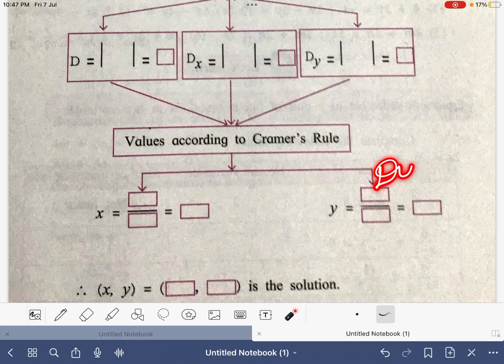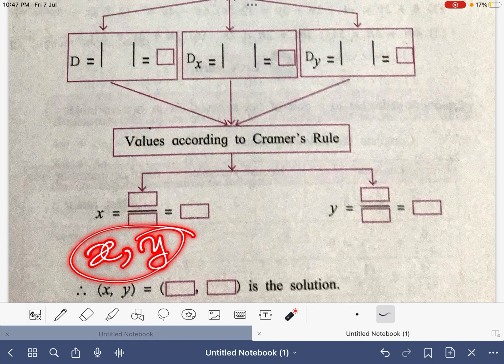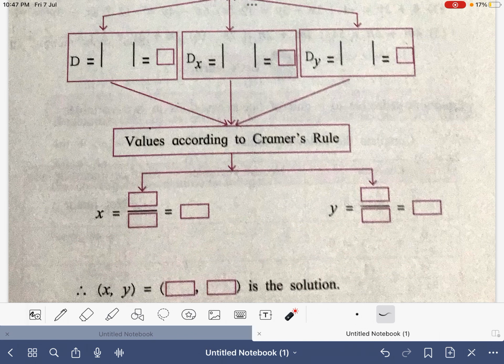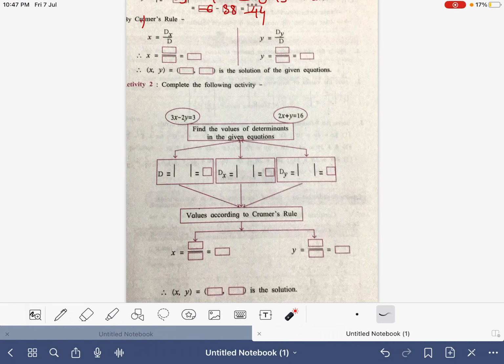Similarly, Dy upon D, so calculate the value of Dy upon D and put it here, so you will get the value of x and the value of y, and this is the solution for this activity. Okay, so I hope you will solve this as practice or as homework.